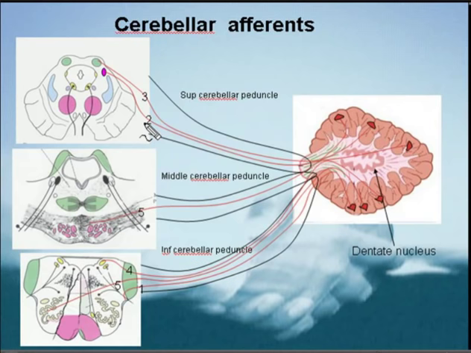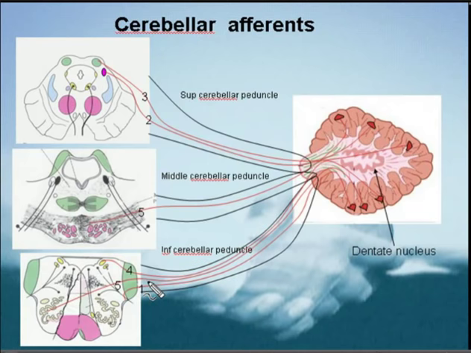The first one, you remember these, are the posterior spinocerebellar and the cuneocerebellar fibers, which are carrying information from the muscles and the skin of the trunk and the limbs. These are carrying information mainly from the muscles, not really the skin.